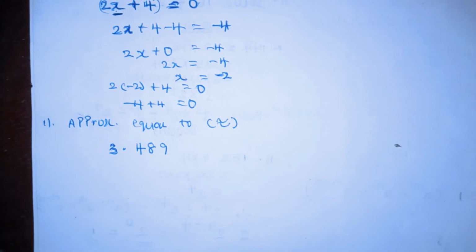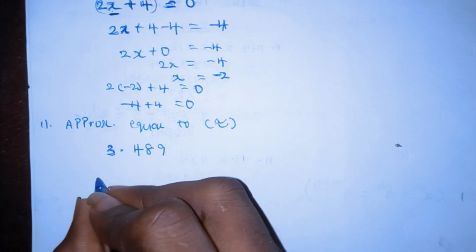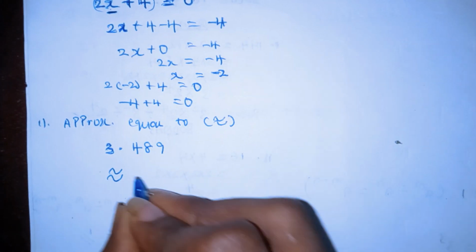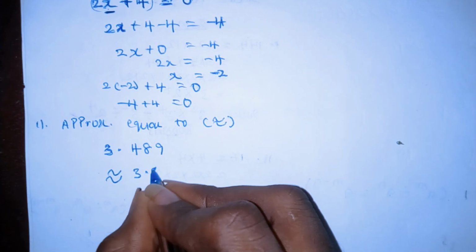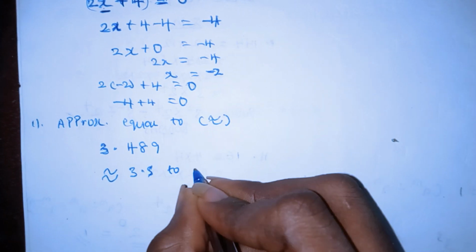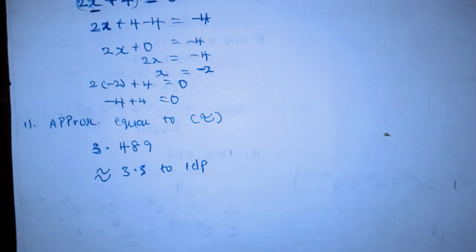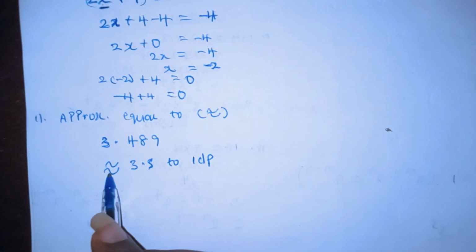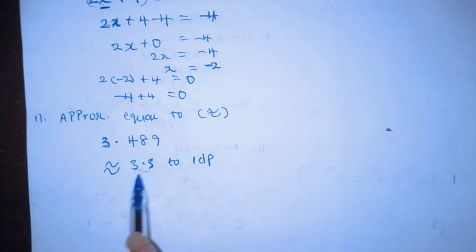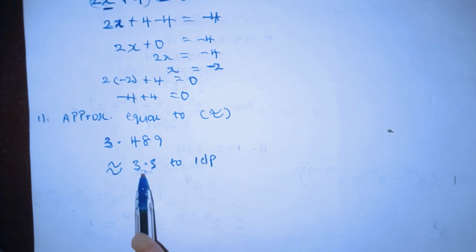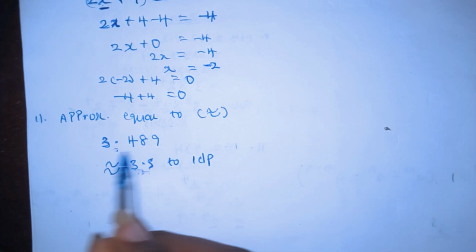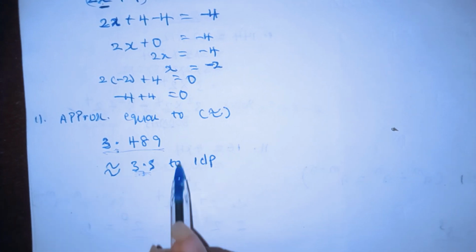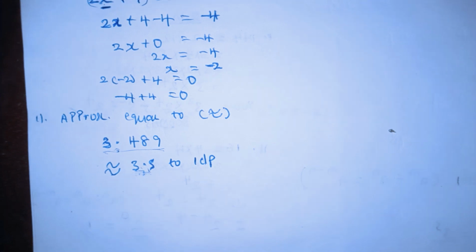This approximation sign will come into play, which means here we say that this is approximately equal to 3.5 to one decimal place. It is nearly equal to this, because when you approximate it to one decimal point, you get 3.5.